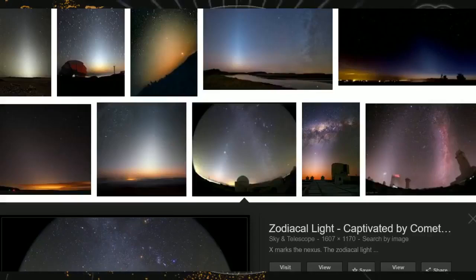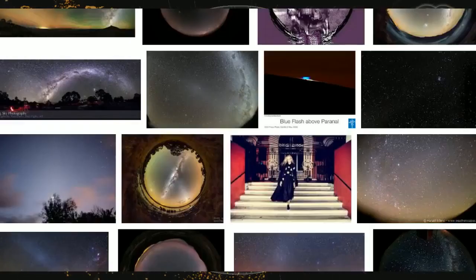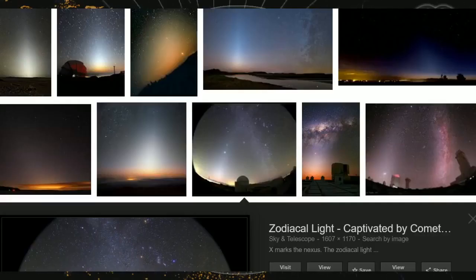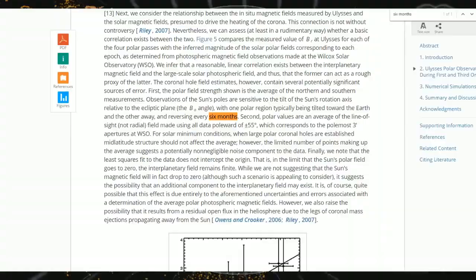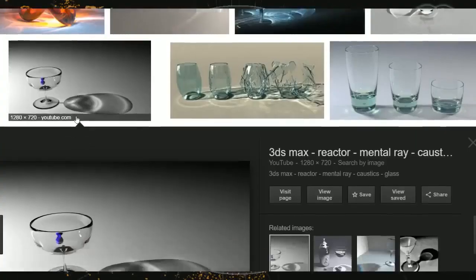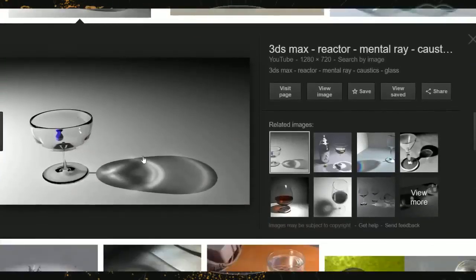So that's explained. So Gegenschein, zodiacal light, ecliptic, magnetic field lines, convergence, glass, caustics on glass. Here's another example of caustics on glass. You see how it creates the ring? It's very similar to that.